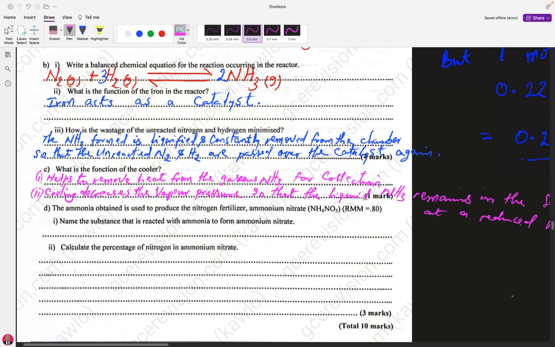There is a nitrate there, involving nitrogen and oxygen, so it has to come from an acid. The acid involved is nitric acid, HNO3.